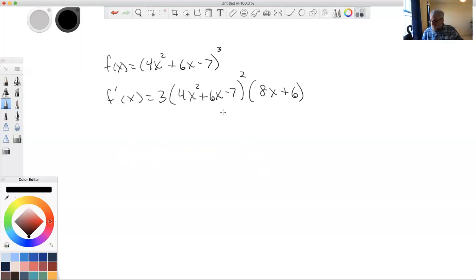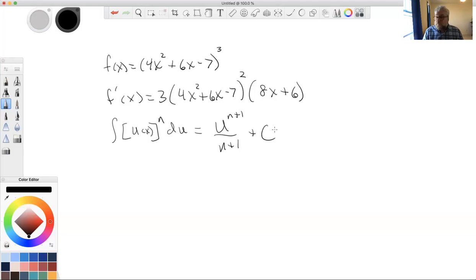Okay, so now that you have recalled that, let's look at the power rule. The power rule says if I take the integral of a function, u of x raised to an exponent times du, then this is going to be u to the n plus 1 over n plus 1. No big surprise there.